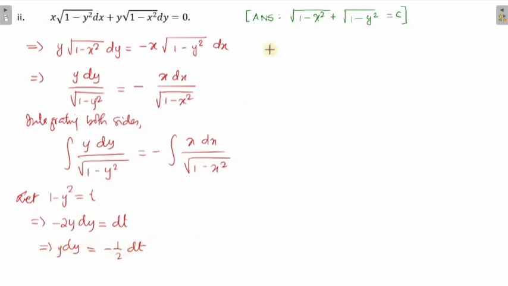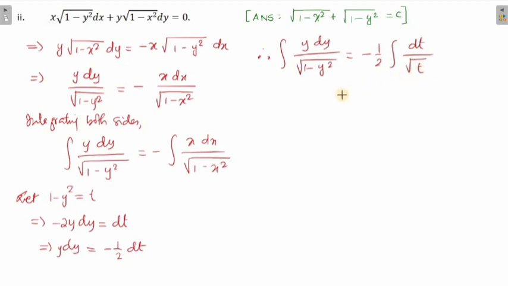Let's substitute. So therefore we have the given integral y dy by root over 1 minus y square. Okay, so y dy is minus half dt. Minus half being common can be kept outside the integral sign. So we have dt in the numerator, and in the denominator you have root over 1 minus y square, which is root t.